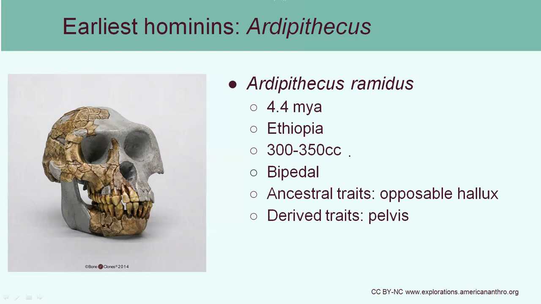And Lucy's fossil was found in the 1970s, but it's been like 50 years since then. So we have found new fossils and new evidence, which has pushed our evidence of bipedalism further back in time. So now we know that Ardipithecus also was a bipedal ancestor. It did still have that opposable hallux, just like we saw with Australopithecines, where it was able to climb in the trees as well.